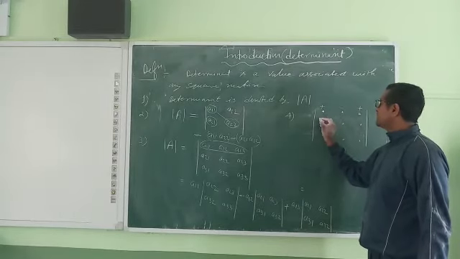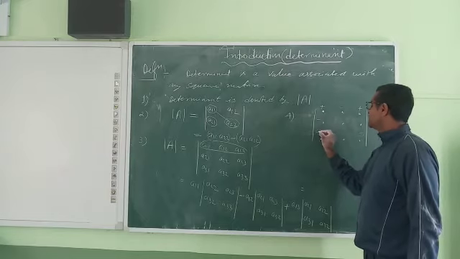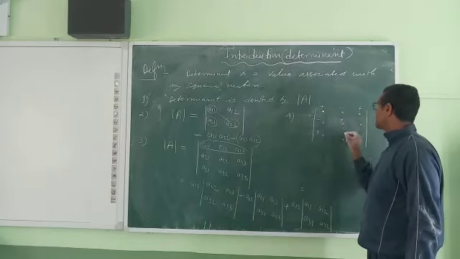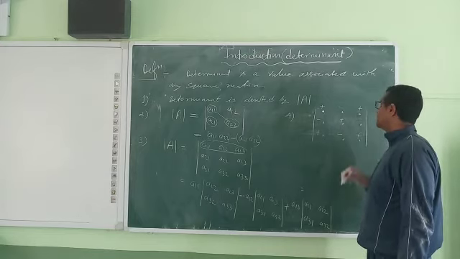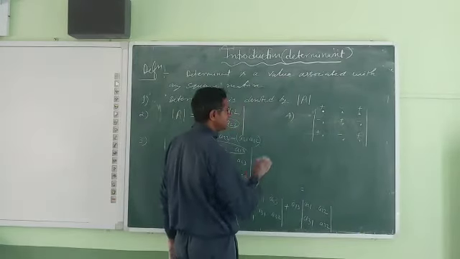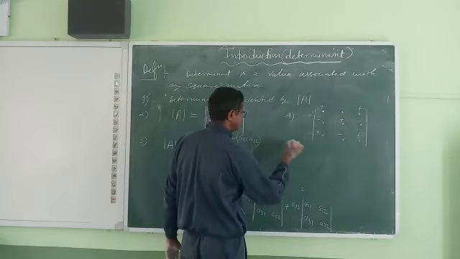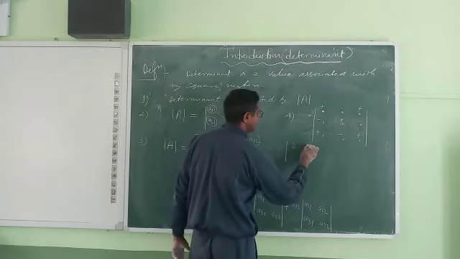In cyclic, alternate order: plus, minus, plus, then minus, plus, minus, then plus, minus, plus. Right?